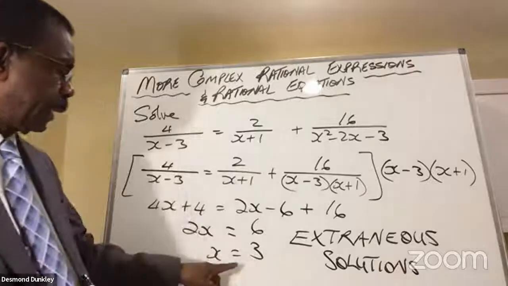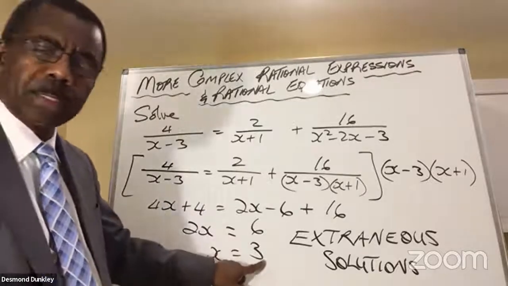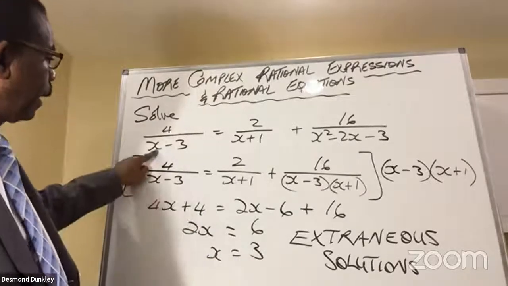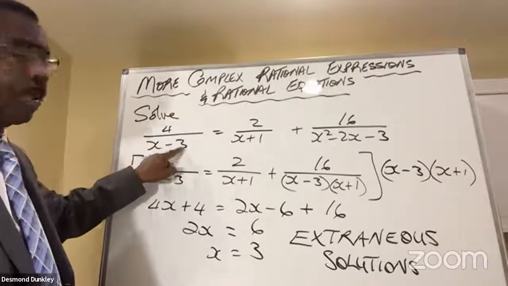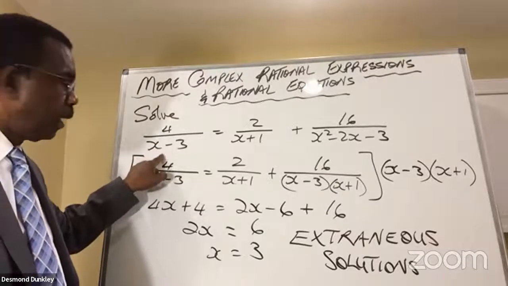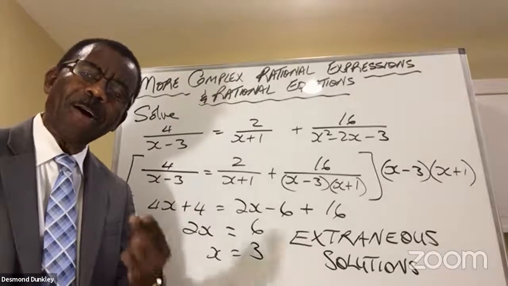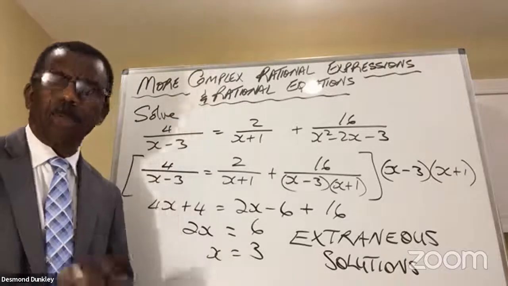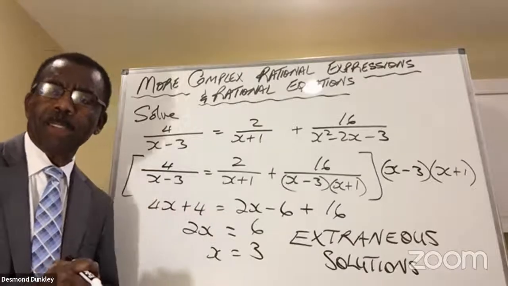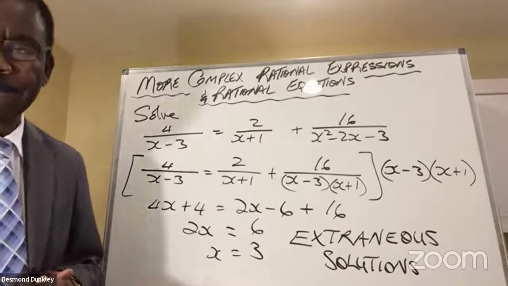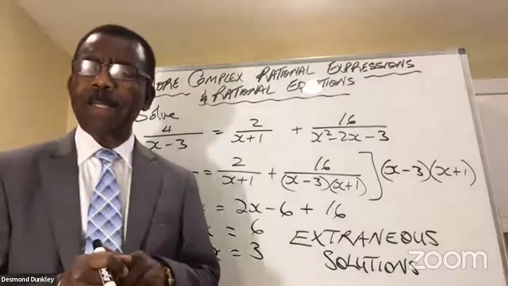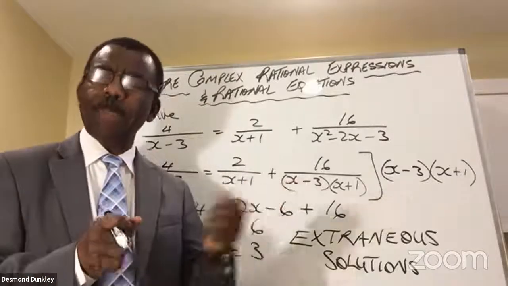Okay? Why is this an extraneous solution? Because when I put 3 here, 3 take away 3 is 0. When you try to divide by 0, you end up with undefined. You cannot divide by 0, it's undefined. It's almost like tending towards infinity.